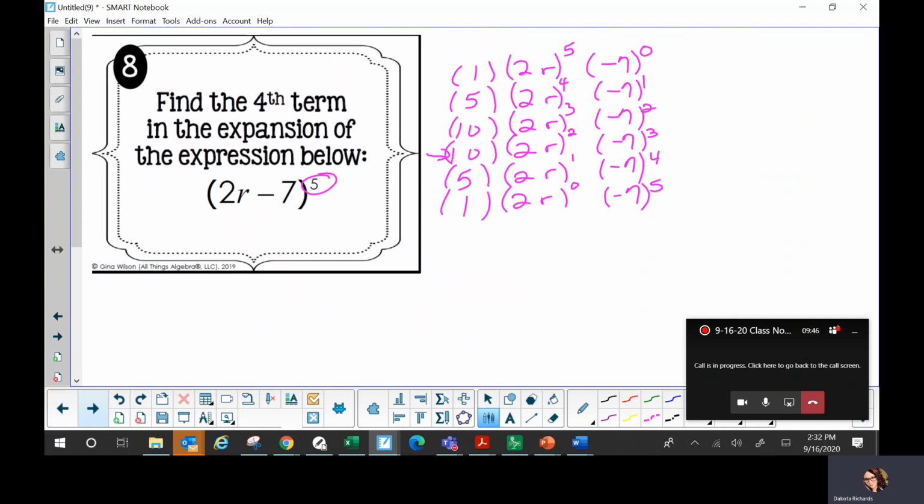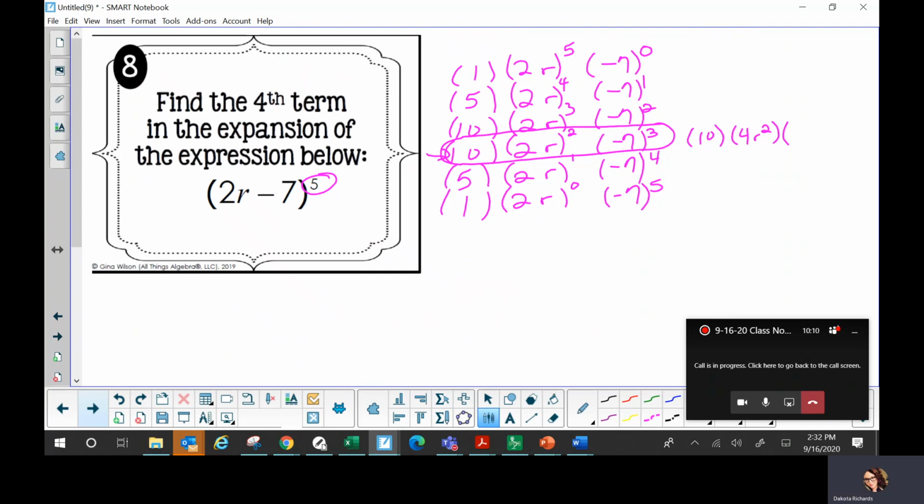So all you have to find is this 4th term. So 10 stays the same. What's 2r all in parentheses squared? 4r squared. And what's -7 cubed?